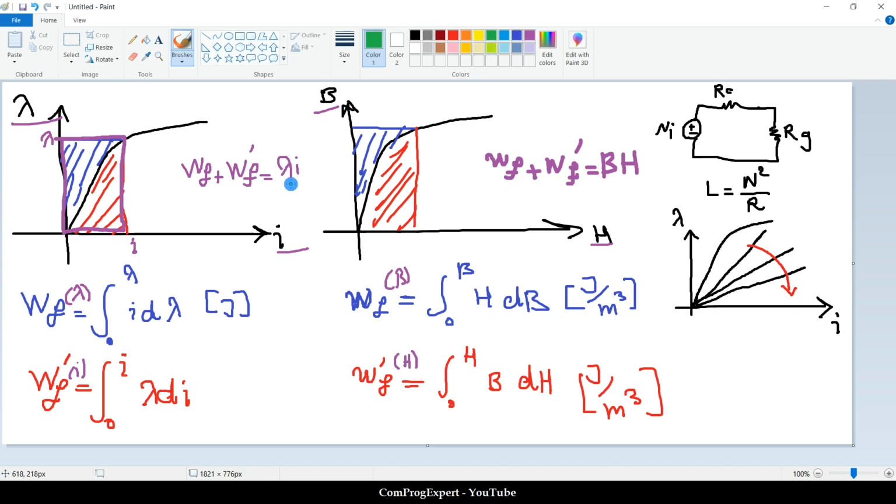In the case of a linear material, this is a line, and the energy is equal to the co-energy, that is equal to lambda I divided by 2, or BH divided by 2 in the case of a linear magnetic material, W_f'.